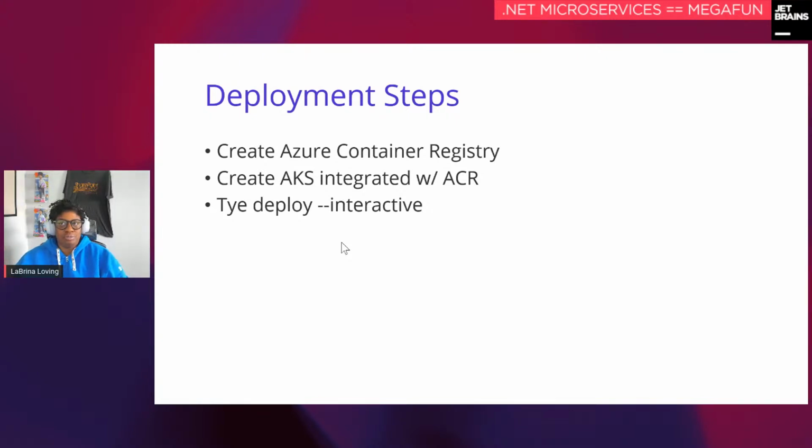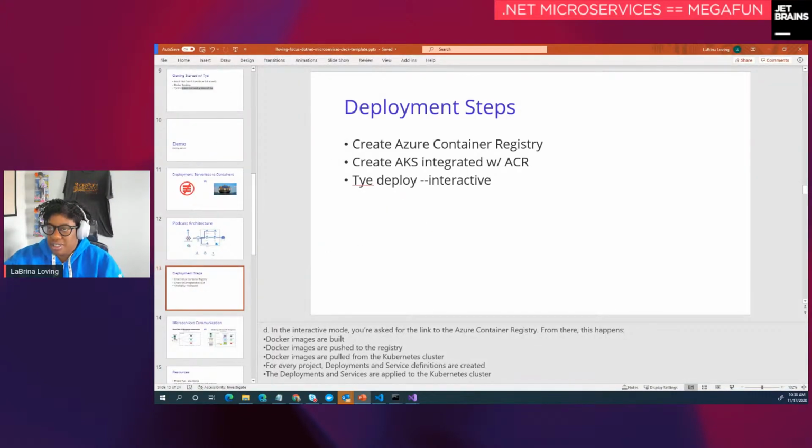As I mentioned before, step one is I'm going to create a container registry. Step two is I'm going to create an AKS cluster, and I'll provide some links about how to do that. And then I just run tye deploy --interactive. So let's see here.